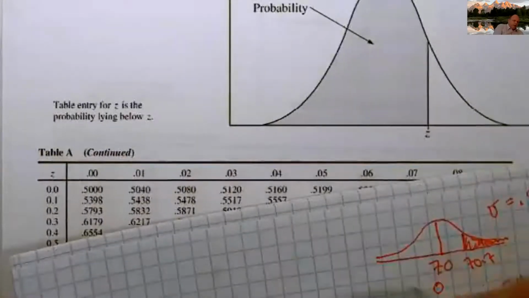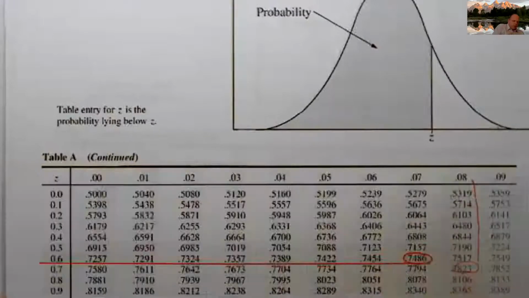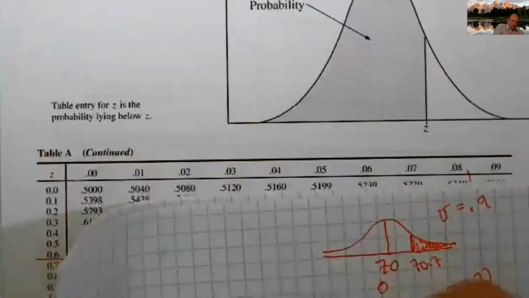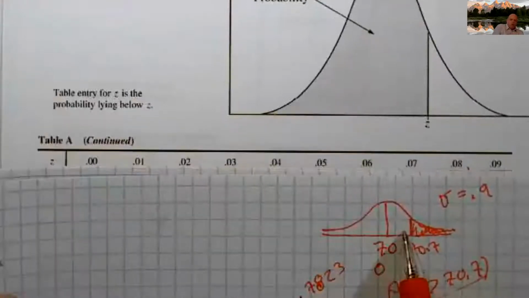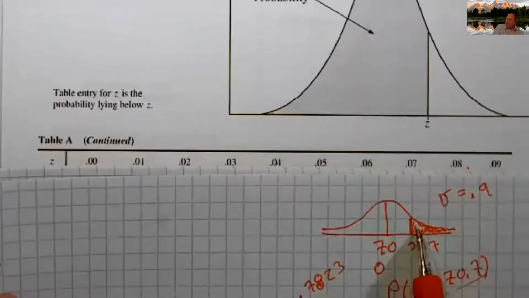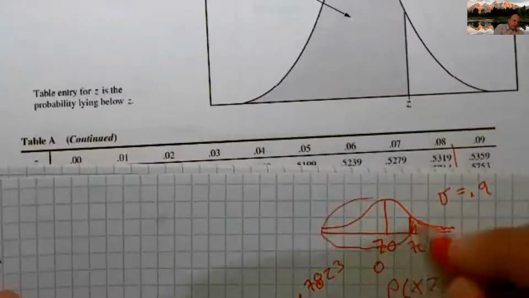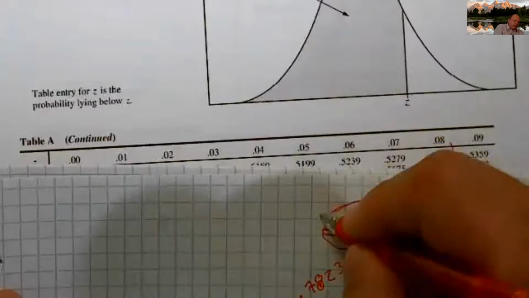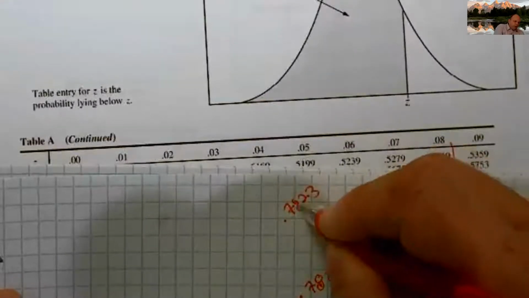But I have a problem here. Let's go back to my picture. The z-score table is working left to right. So it calculated this area right here as 0.7823.